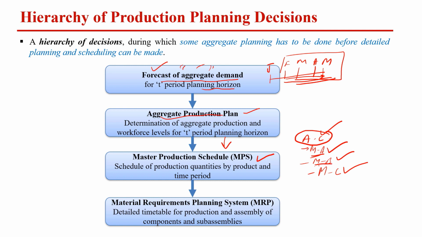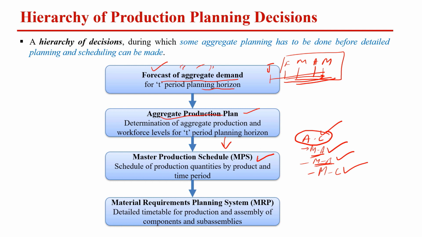The same is the case for product B: how much quantity we should produce, and how much inventory we should keep in a particular week, while considering the capacity of our production system.